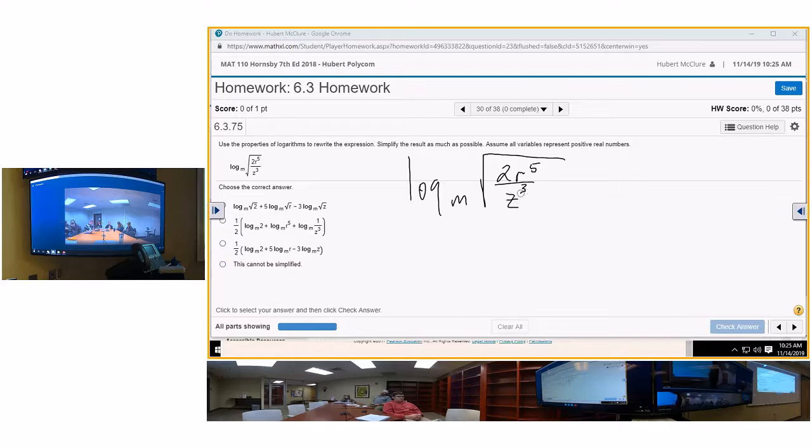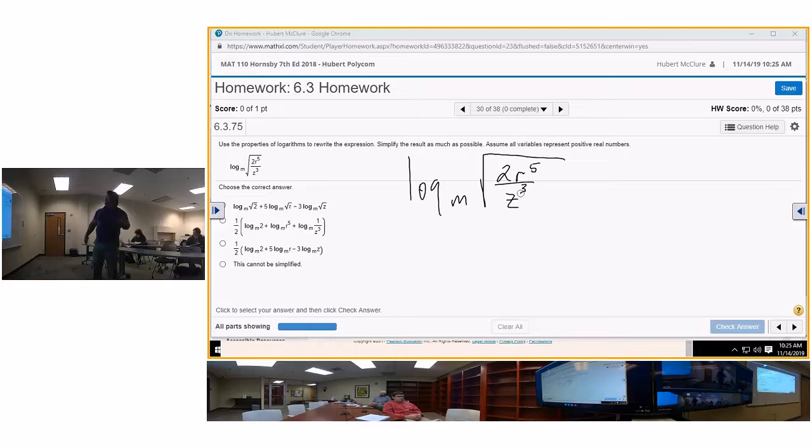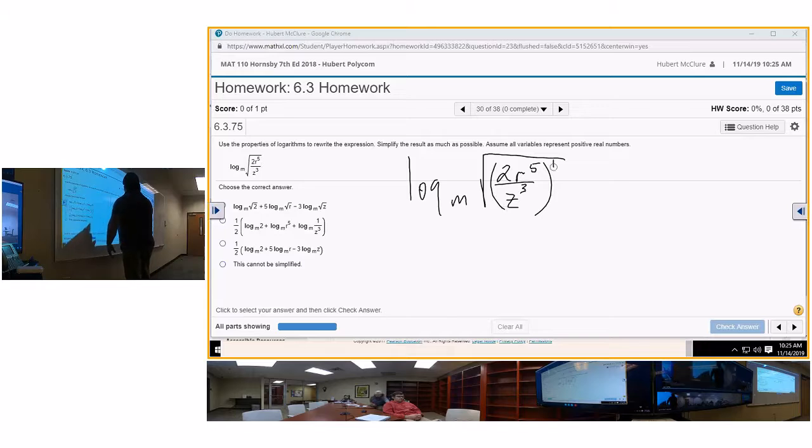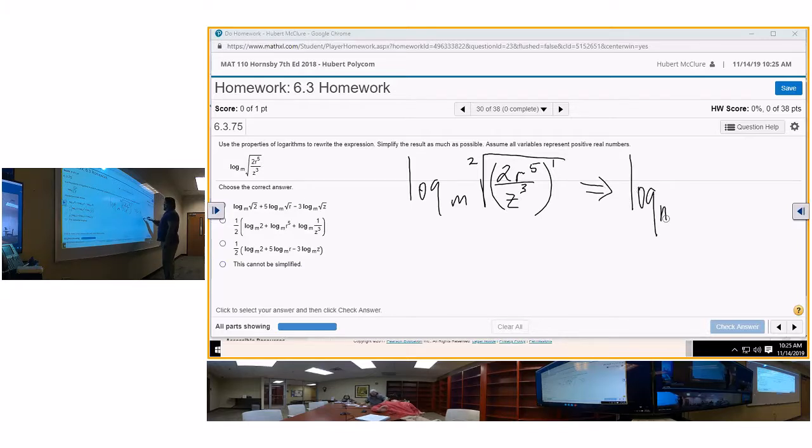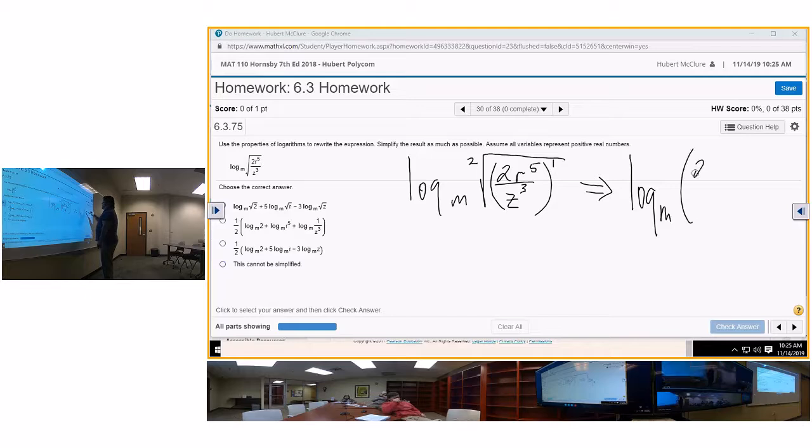Remember, a rational exponent is exponent over index. Your exponent here is 1 and your index is 2, so the rational exponent is 1/2. Log base m of 2r to the 5th over z to the 3rd, raised to the 1/2 power.